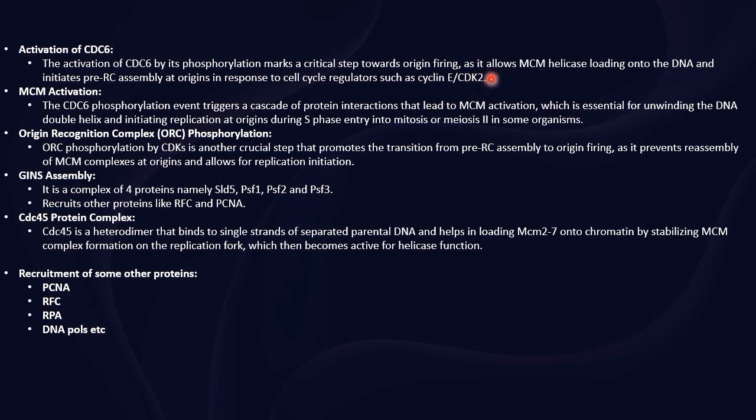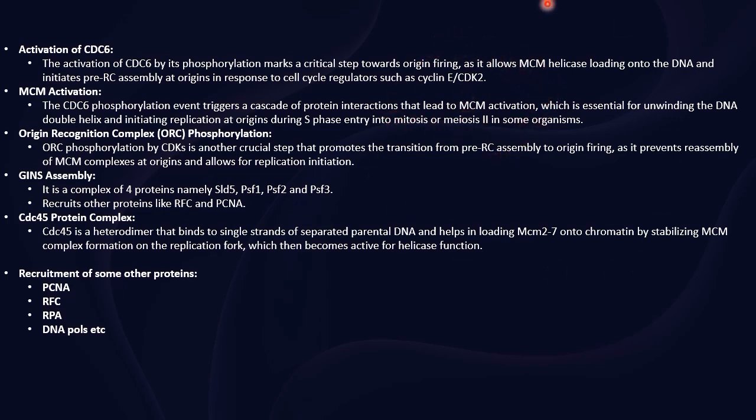The next one is MCM activation, which is also mediated by the CDC6 phosphorylation event, which triggers a cascade of reactions like DBF4 dependent kinase, DDK kinase, which is a type of kinase which phosphorylates some specific subunits of the MCM complex, in turn activating the MCM complex.